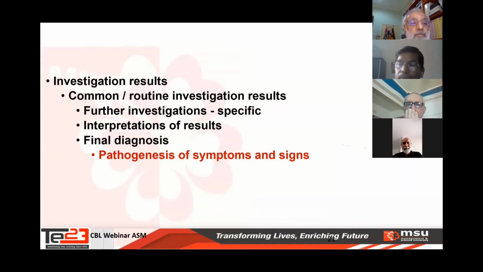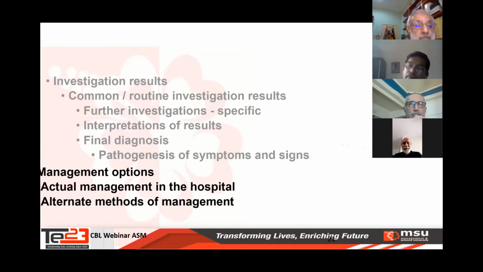Now, the third student who has the investigation results would provide that information based on the requests or questions of the students. And here there would be a discussion on the pathogenesis of symptoms and signs.